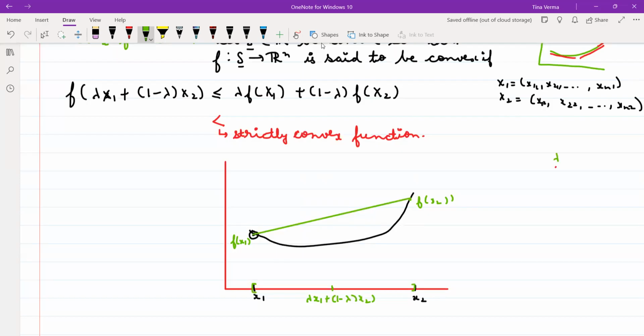If you remember the condition, I take lambda varying from 0 to 1. So if we are considering 2 points, it will be between these 2 points.